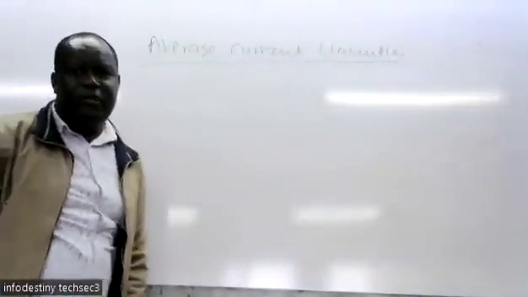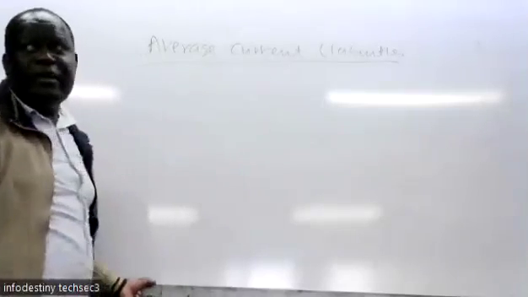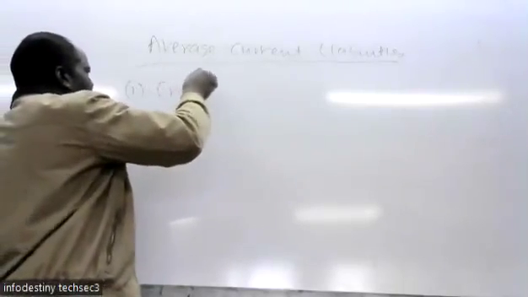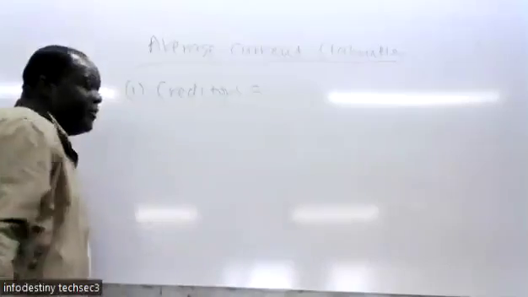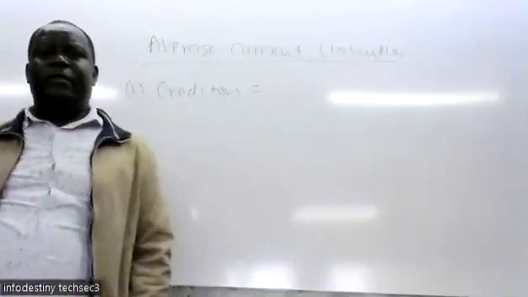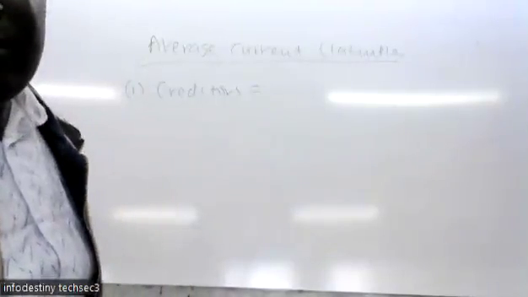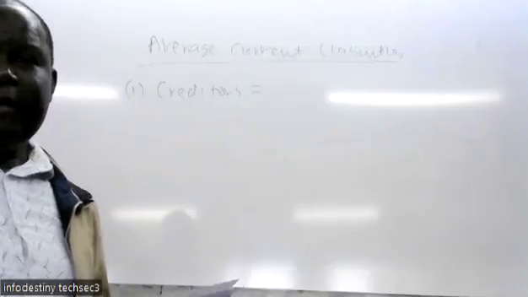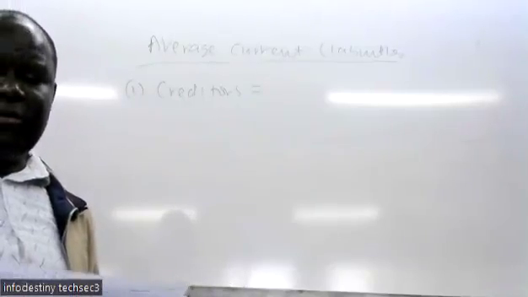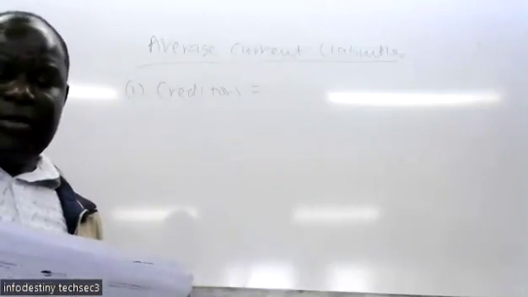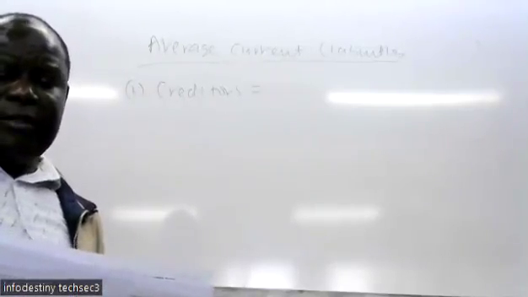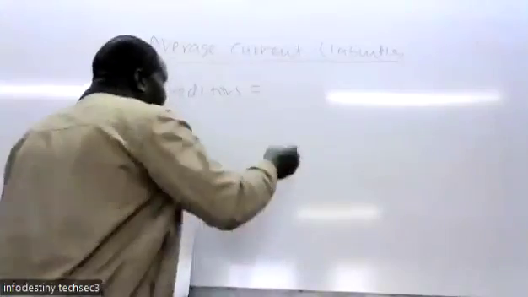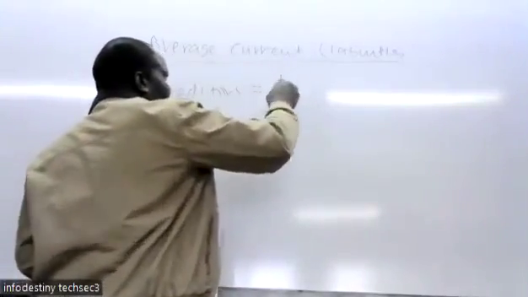So let us get the average current liabilities. This question had only one, the creditors, or simply the accounts payable. When you check through note number 4, credit allowed to the suppliers, they gave you how long? 1 month. So it will be 1 month over 12, 1/12.